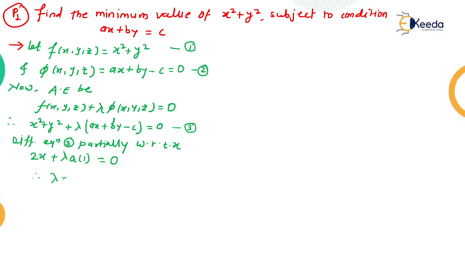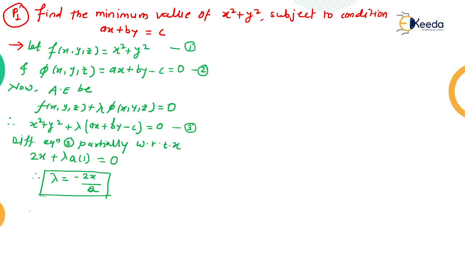Therefore lambda is equal to minus 2x divided by a, and this is the value of lambda after differentiating equation 3.